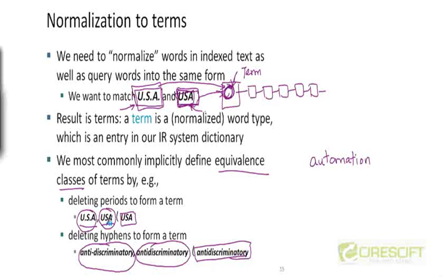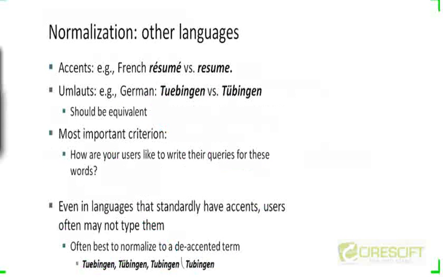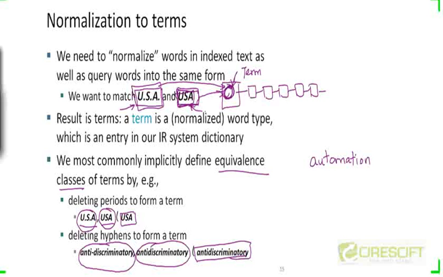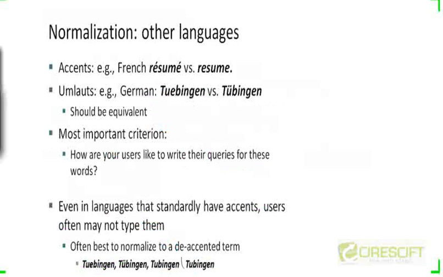Similarly, these two tokens form an equivalence class represented by this particular term. So that's the overall purpose of normalization. We want to be able to create these equivalence classes so that when the query contains a particular variant of a word, you're going to get documents containing the other variants as well.